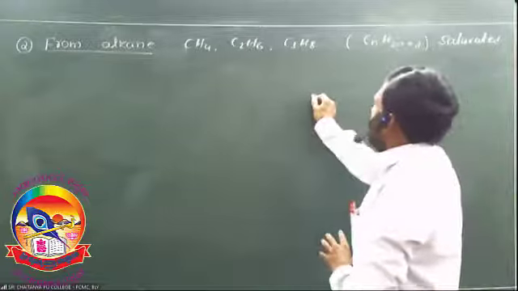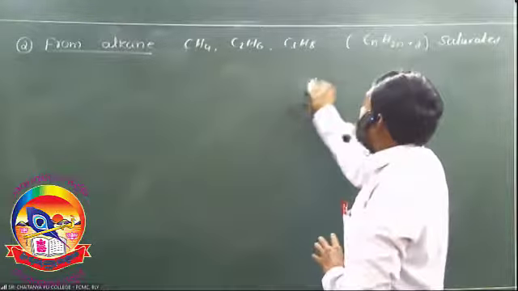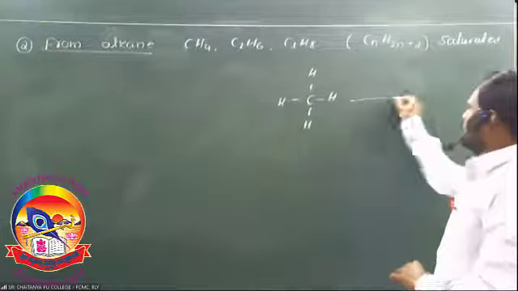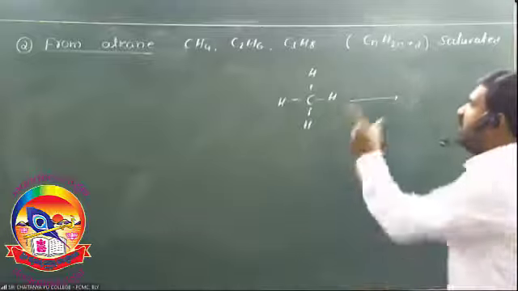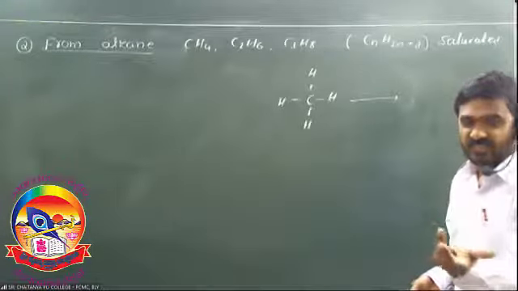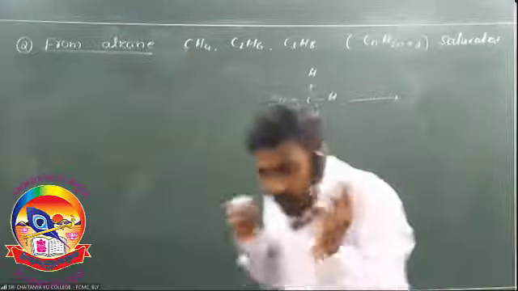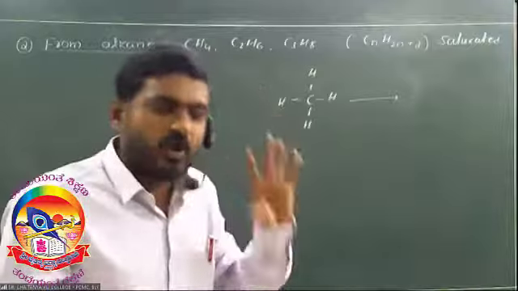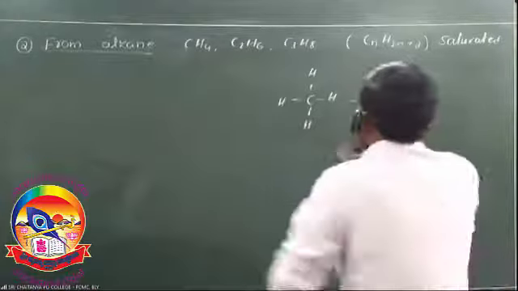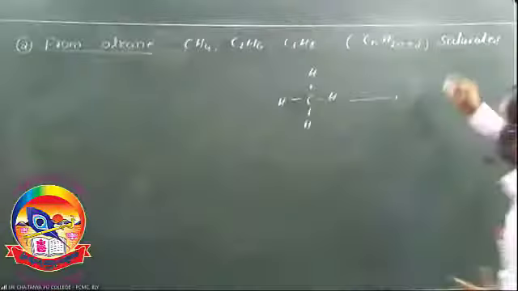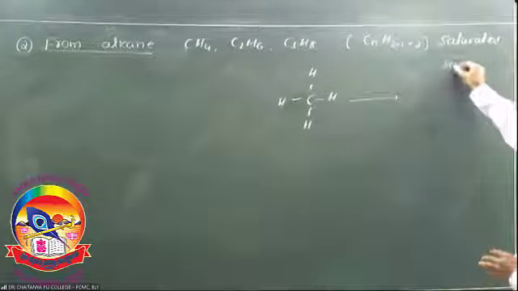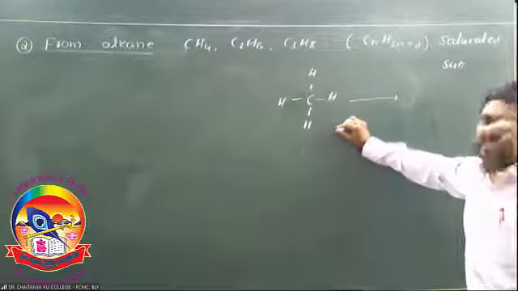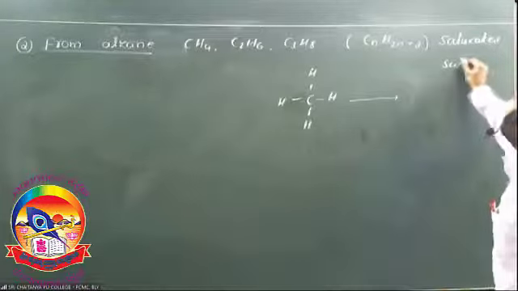Alkanes undergo either addition or substitution reactions. Methane undergoes substitution reactions. Alkanes are the first compounds in first-year organic chemistry, followed by alkenes and alkynes, whose properties we know. Alkanes, being saturated hydrocarbons, undergo substitution reactions, where one of the hydrogens is replaced by another group or species.